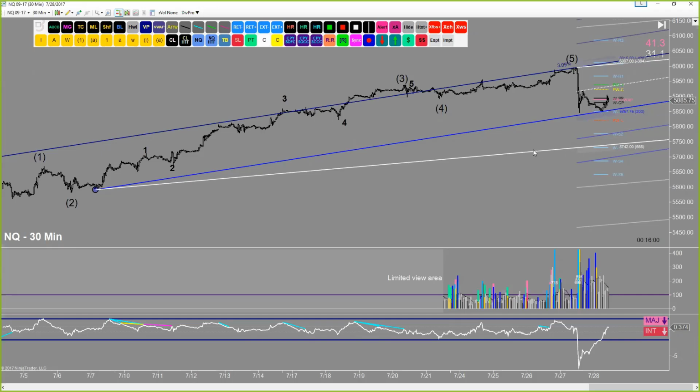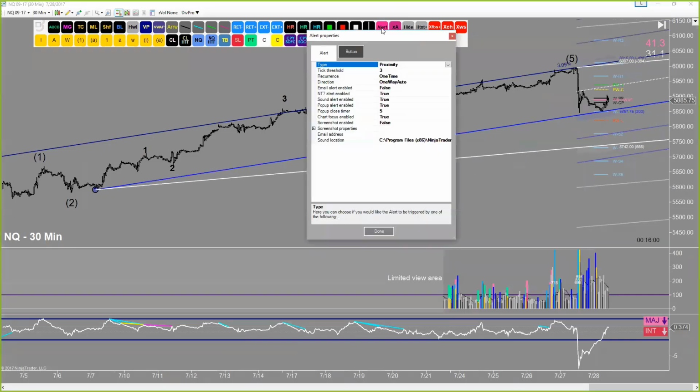If I wanted to get an email, or even an email with a screenshot, we have the alert system built out to do that. You can make this throw a pop-up timer, basically work like an alarm clock. So you hear that ding, ding, ding until you actually come here and click it or close it on a timer, and this is in seconds.